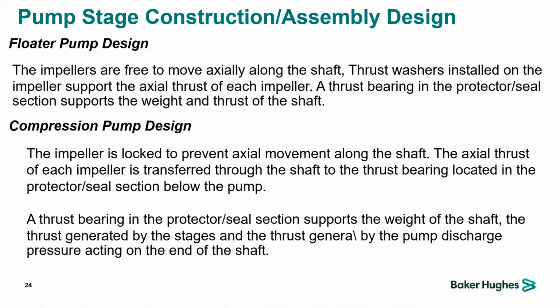But in compression pump design, all the thrust of each stage along the shaft is transferred to be supported by the seal section thrust bearing. So that's a major difference between the floater pump design and compression pump design.